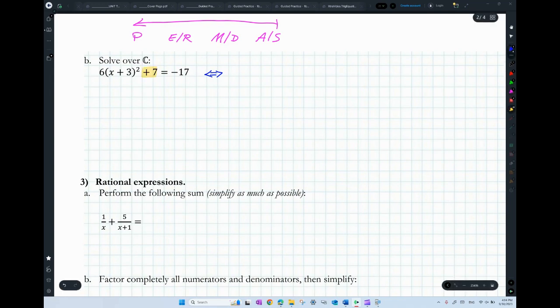First, I'm going to cross over the addition of 7 and negative 17 minus 7 is negative 24. Then I'm going to cross over the 6.